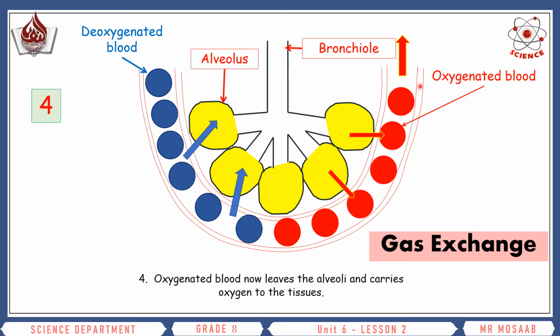So now this blood is called oxygenated blood. What is the meaning of oxygenated blood? It's blood rich in oxygen. And what is the meaning of deoxygenated blood? Blood rich in carbon dioxide. So this oxygenated blood now leaves the alveoli and carries oxygen to the tissues.